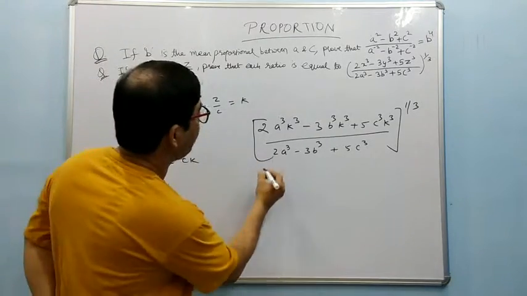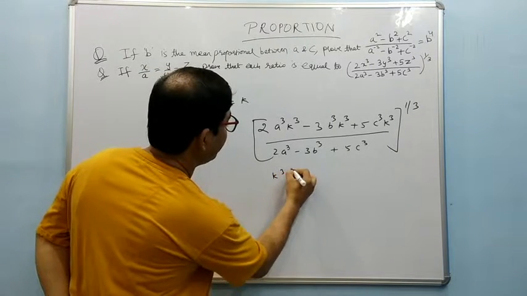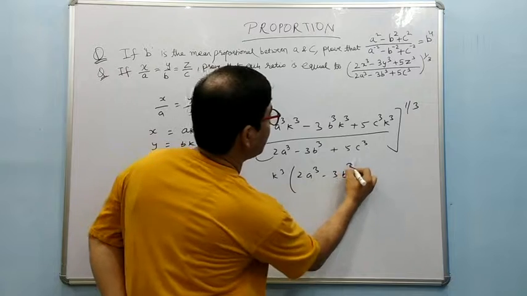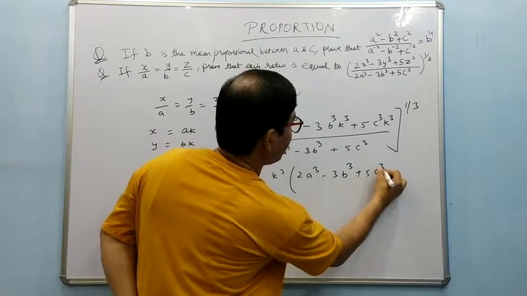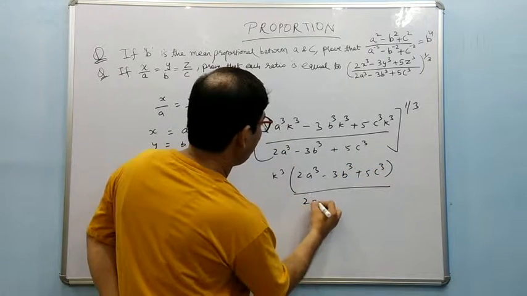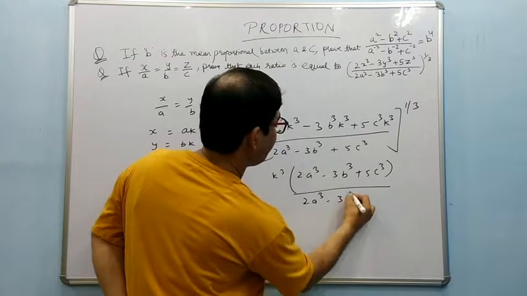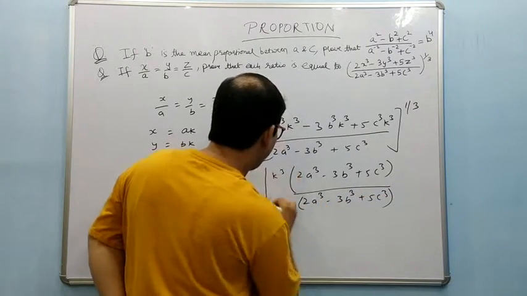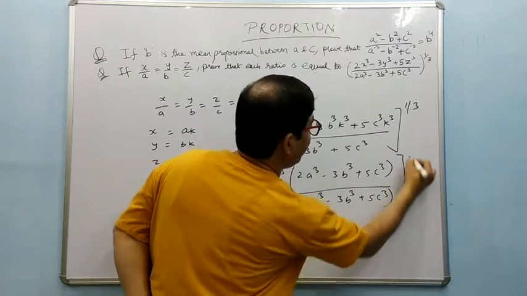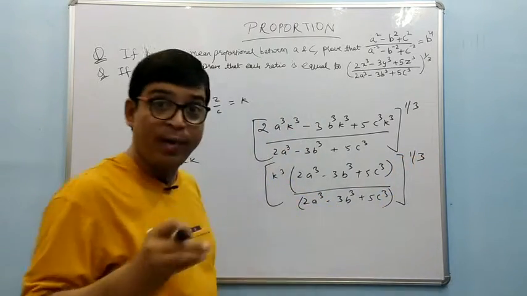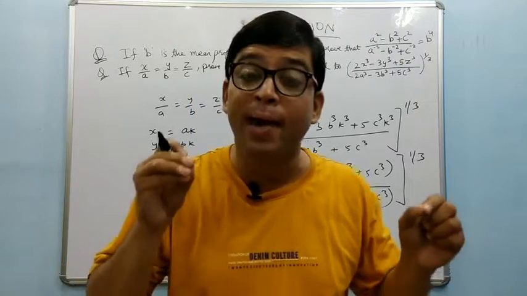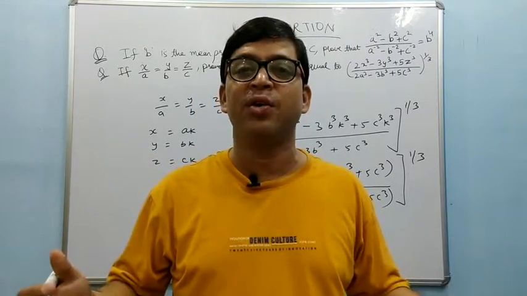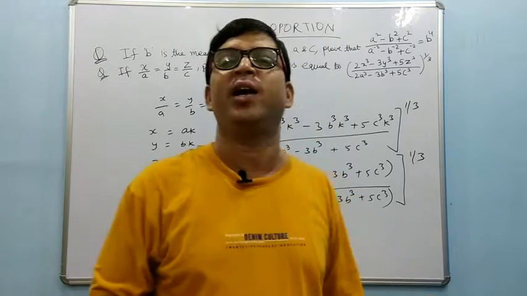So this is coming out to be, if I take k cube common, (2a cube minus 3b cube plus 5c cube) divided by (2a cube minus 3b cube plus 5c cube), whole to the power 1 by 3. I just recommend take care of the brackets. Just try to put brackets wherever needed or not needed.